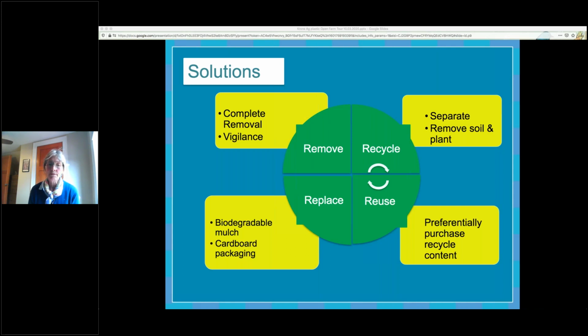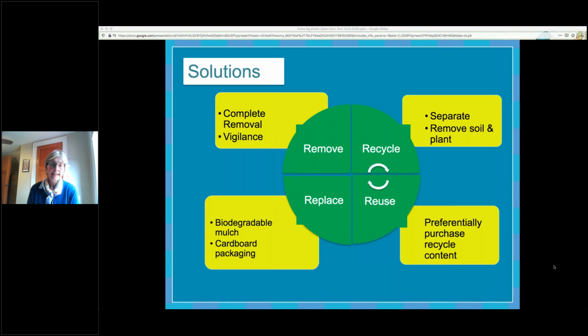And so if growers preferentially purchase that, that is one way of reusing that same product again and again because it's in the recycled content. Or as consumers, we can all look for products that have recycled content in them, whether it's chairs or building materials or bags or other things.